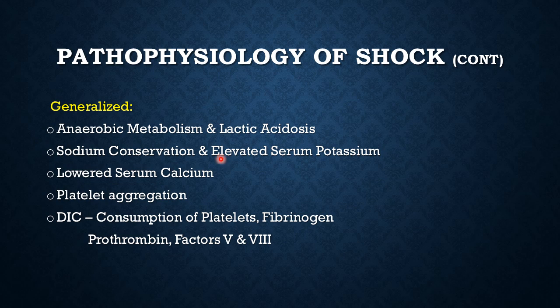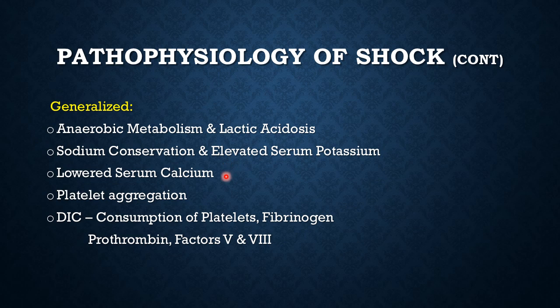Then generalized pathophysiological changes take place due to tissue hypoxemia or tissue hypoxia. There is anaerobic metabolism and lactic acidosis. Sodium is being conserved to retain water in the body. This leads to potassium being released into the blood circulation, elevated serum potassium, and this potassium is then excreted in the urine, so urinary levels of potassium also go up.